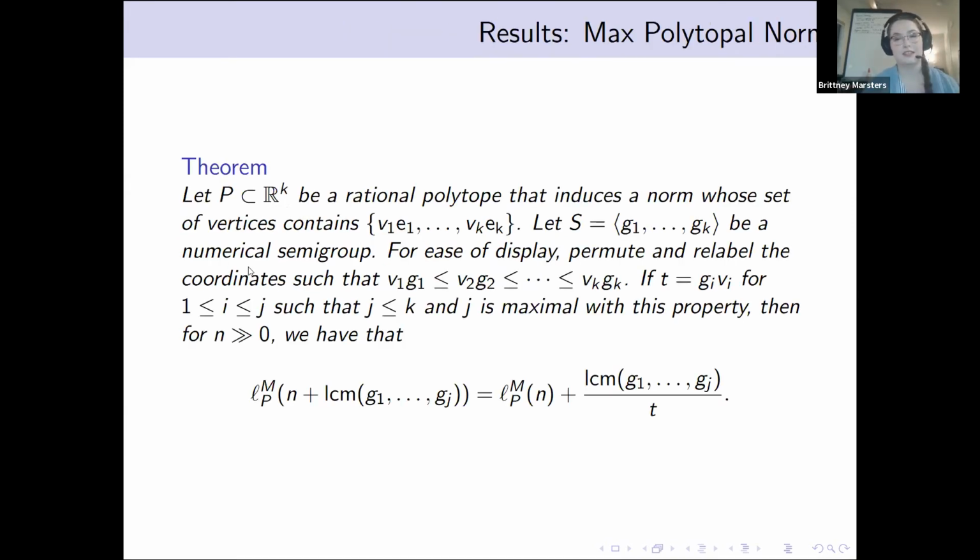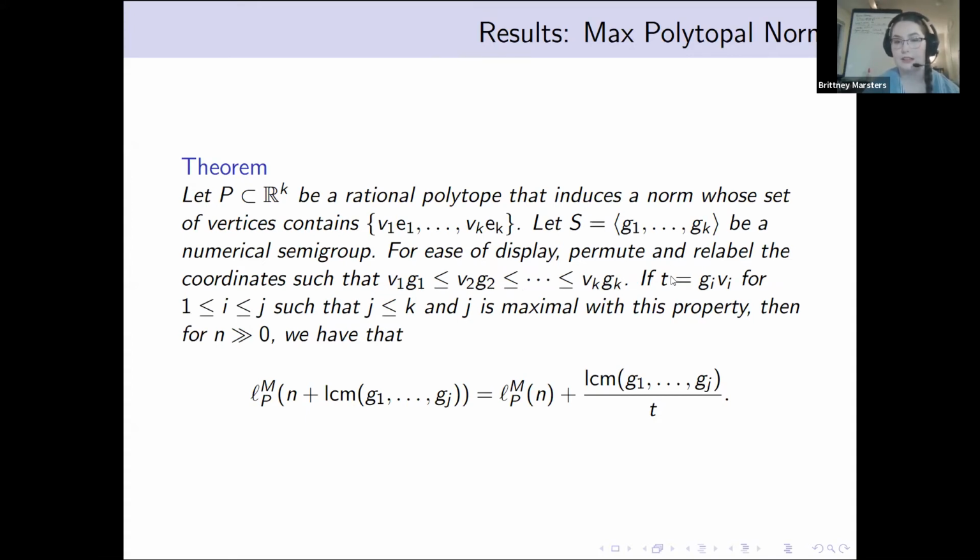Okay, so this is the first big result. Like I said, a bit of a wall of text. So we're going to start with a rational polytope that induces a norm. And the set of vertices are going to be the vertices sitting on the axes. We're going to permute and relabel all of our coordinates in our space to impose this kind of ordering where we take that vertex times our generators.